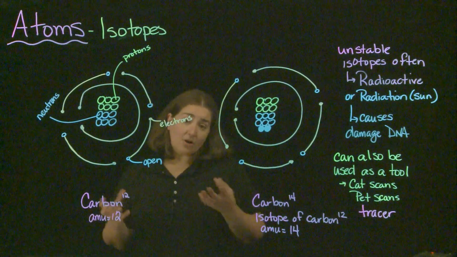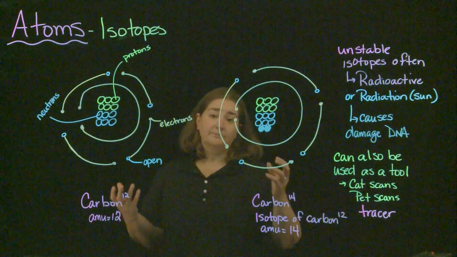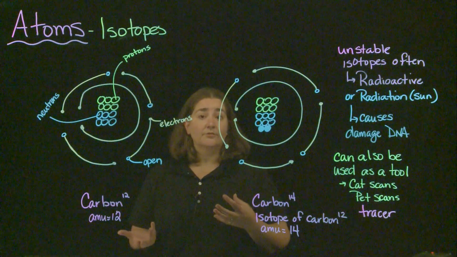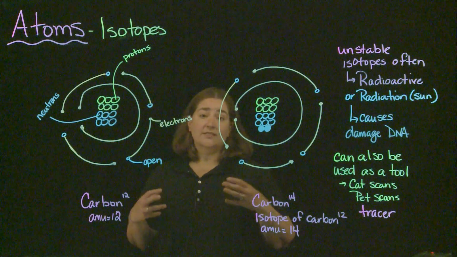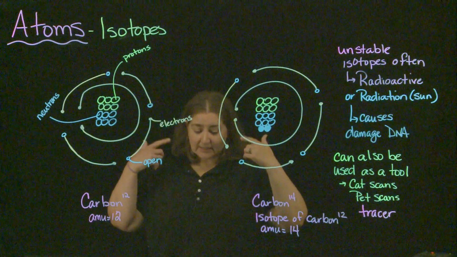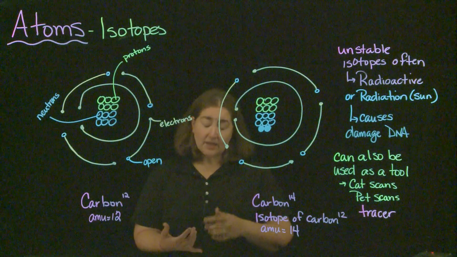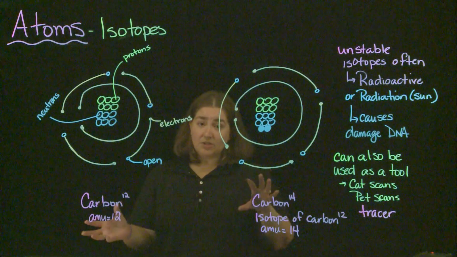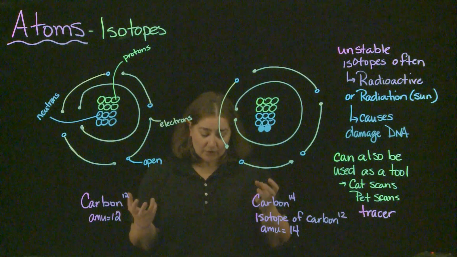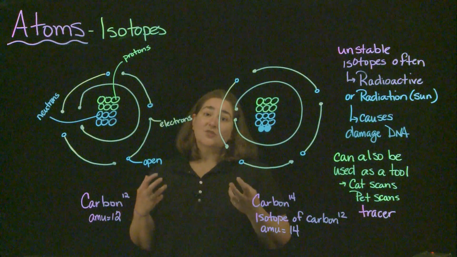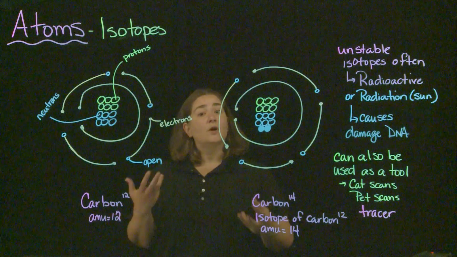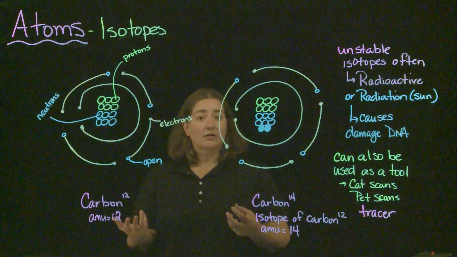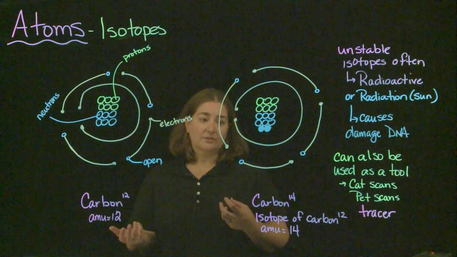You can also look at metabolism of other diseases as well. It can be used to trace things like Alzheimer's, to image the brain. It can be used to follow oxygen use within the body. Essentially, this is a great tool for healthcare providers to see what's potentially going wrong with a patient.